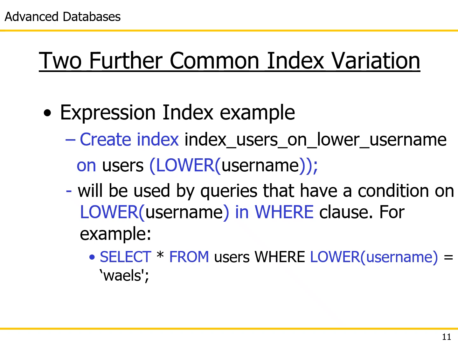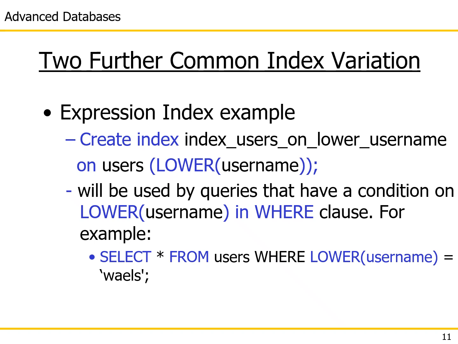Let's look at the first one. It says create index users on lower username. That's the name of the index on the users table, and then the expression is lower. I'm calling the lower function. So this is an expression. Calling a function basically constitutes a valid expression. And I pass it the username column in the users table.